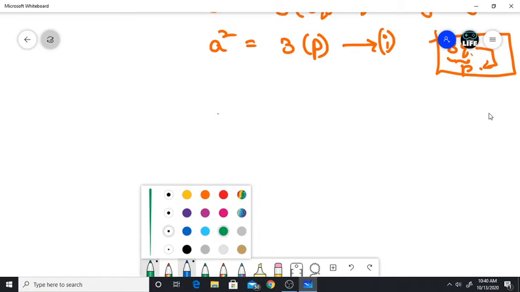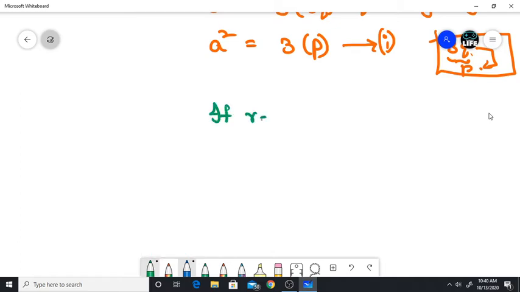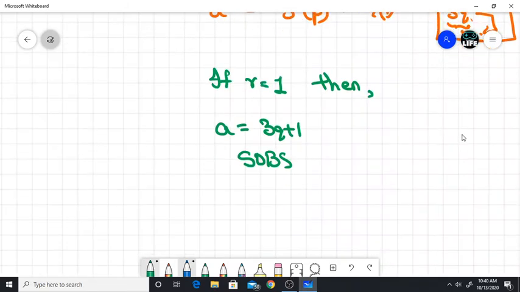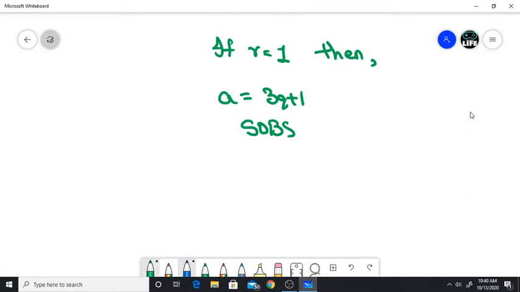So now check if r equals to 1. If r equals to 1, then a equals to 3q plus 1. Again squaring on both sides. Now a square equals to 3q plus 1 whole square.